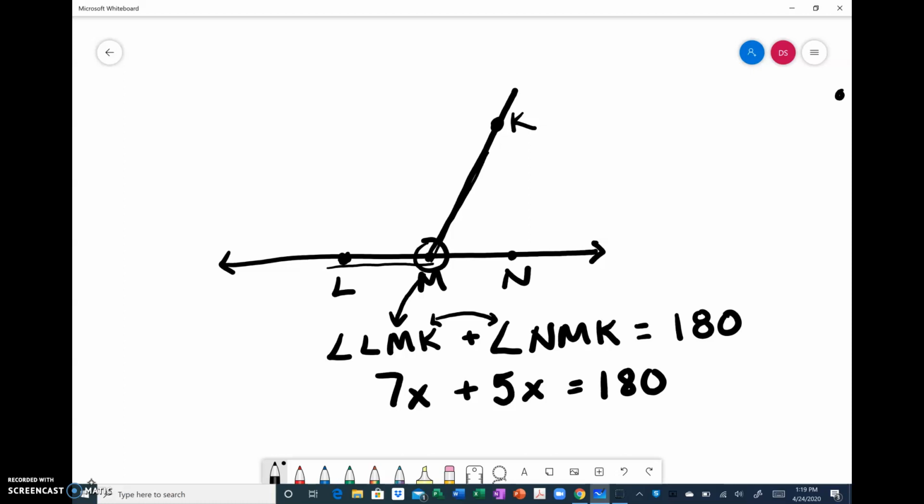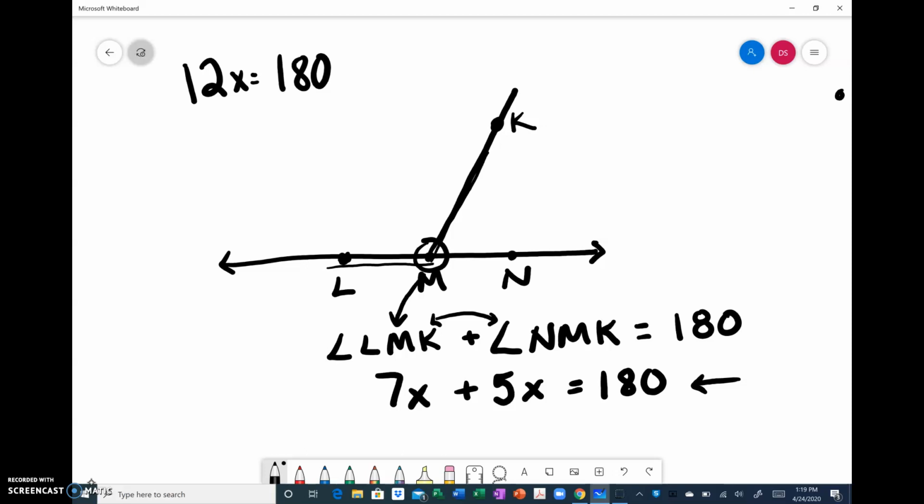Now, this is a problem you've seen this type of thing before. So you might remember that we have similar or like terms on the left side, so you need to combine them into 12x, and I'm going to jump up here on my screen because I've run out of room. 12x equals 180.